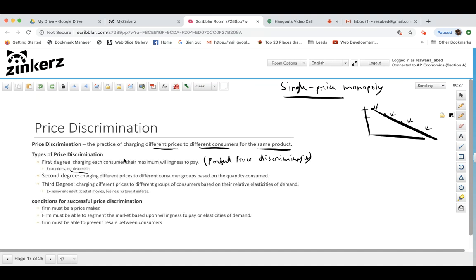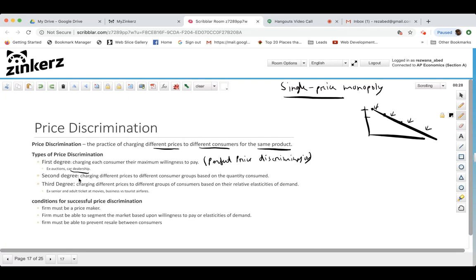It works out with the car dealership because it depends on the consumer, not the seller. If you're selling a car, maybe one will buy the car for 20,000, and the other one will buy the car for 10,000. Yes, so what you said right there is different willingness to pay.